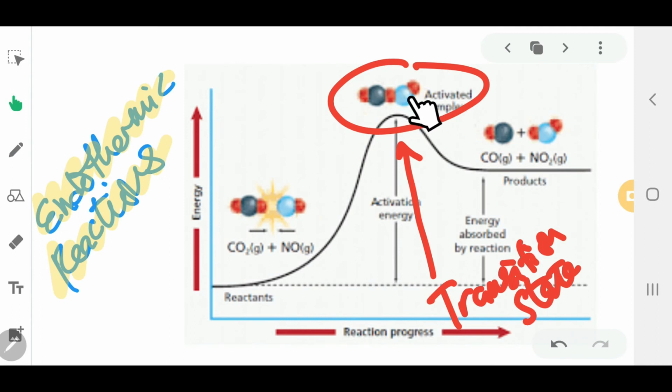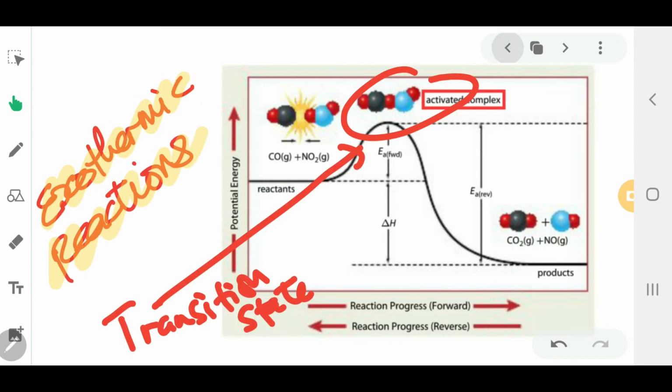When you look at the activated complex, it is at a much higher potential energy compared with your reactants and your products. It is the same for exothermic as well. The activated complex is at a much higher potential energy compared with your reactants right here and the products right there.